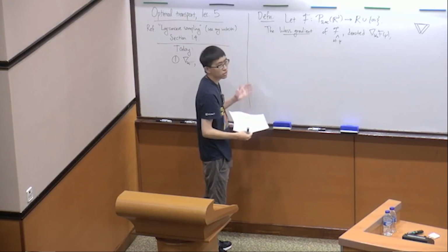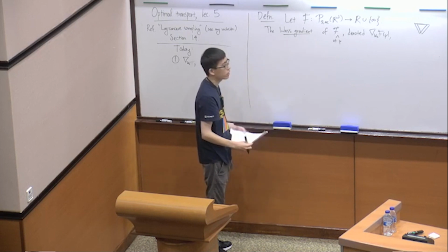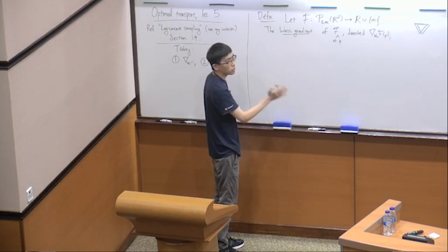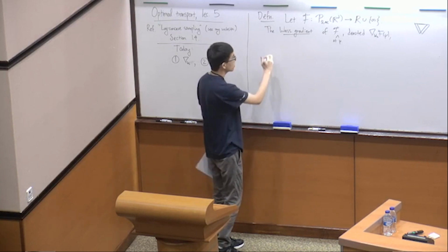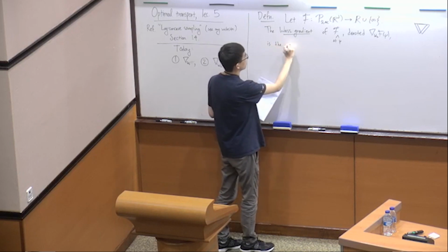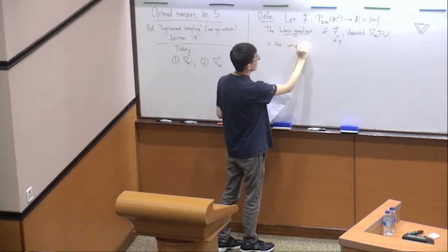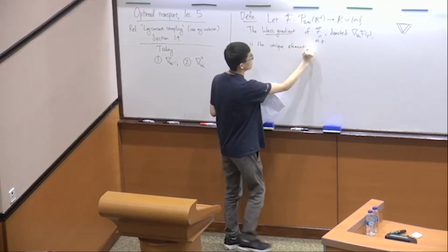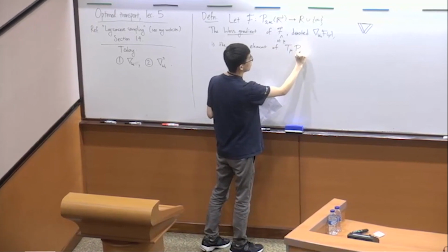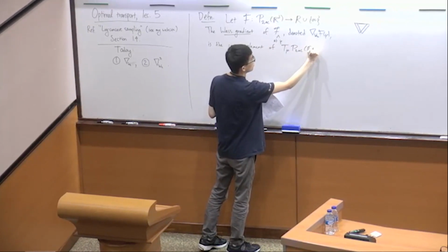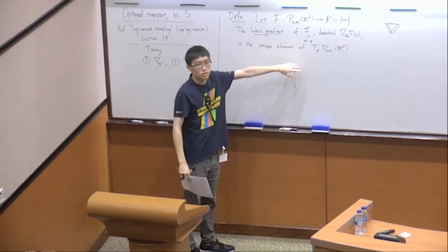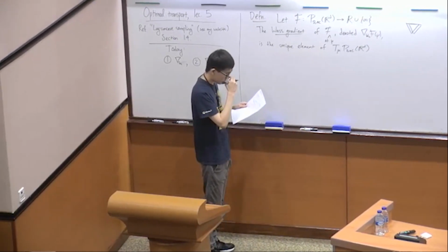Okay. Anyway, how do we define the Wasserstein gradient of the functional f? Well, this is actually a general recipe for how you can define it on a Riemannian manifold. The way it goes is you look at all possible curves that pass through mu. So it's going to be the unique element of the tangent space. Recall also this tangent space consists of gradients of functions. That's what we showed last time.